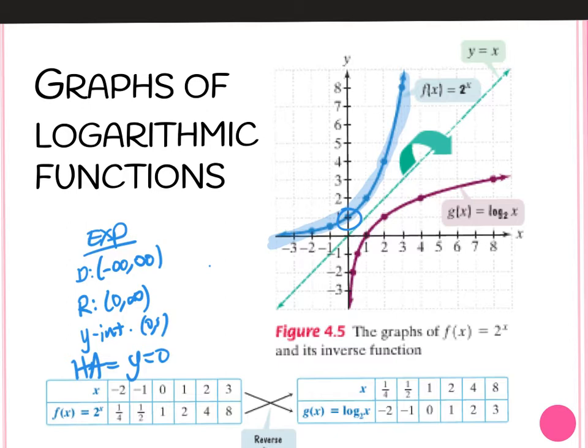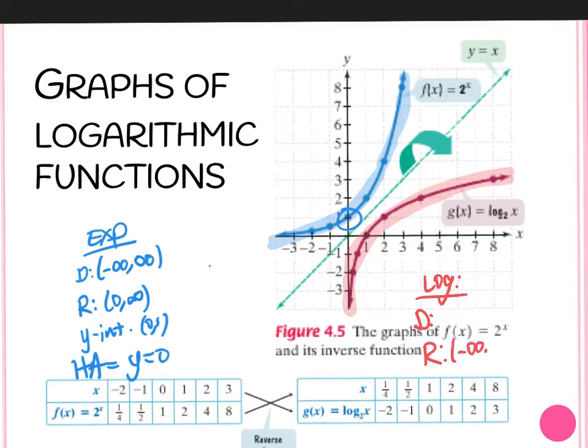So when we talk here about log functions, I told you guys at the very beginning that logs and exponentials were what of each other? Inverses. So everything that you know about exponential applies to logs, just opposite. If my x values are negative infinity to positive infinity for exponential, what do you think the range is for logs?